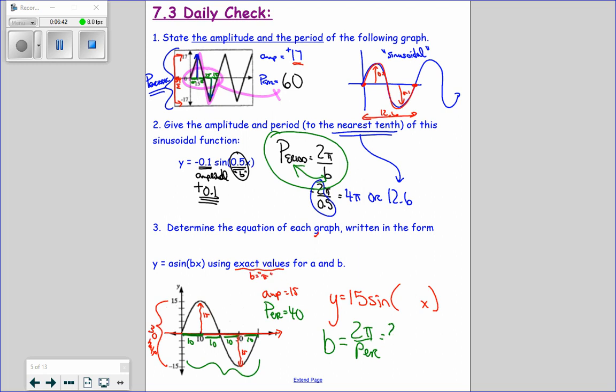So it's going to be 2 pi divided by 40. The question wanted exact values, so use your calculator. Go 2 divided by 40, math 1, and you will get 1 over 20. And then you just stick the pi back in.